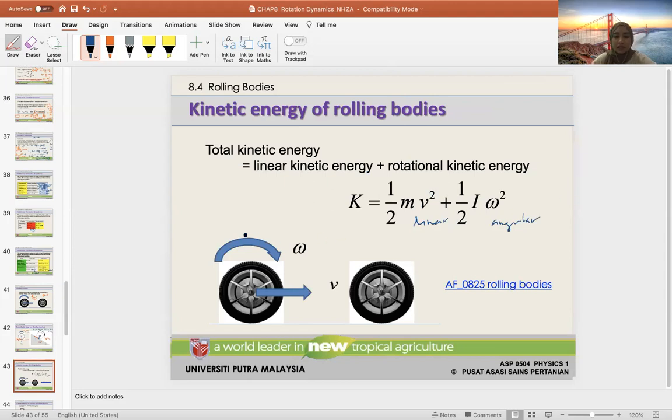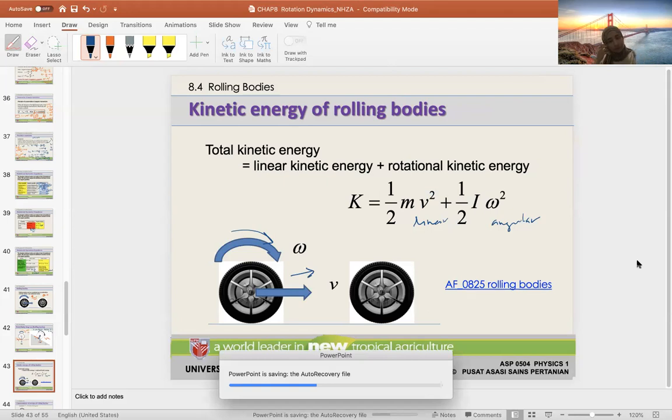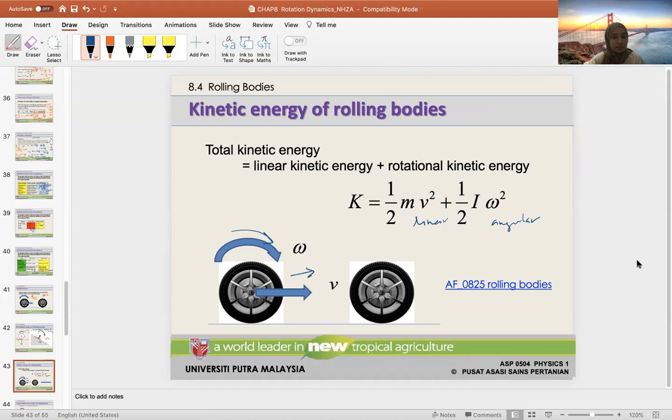So the tire is both rotating and also moving forward. So the kinetic energy has both the linear velocity and also the angular velocity. So you have two terms to calculate for your kinetic energy. So if they ask you what's the total kinetic energy of a rolling body that's rolling on an incline, you have to use these two terms, the linear and the rotational.